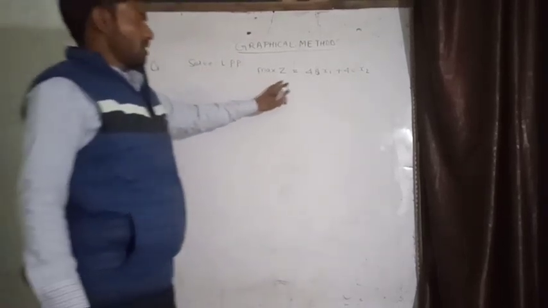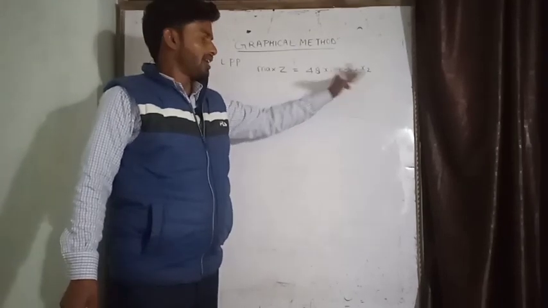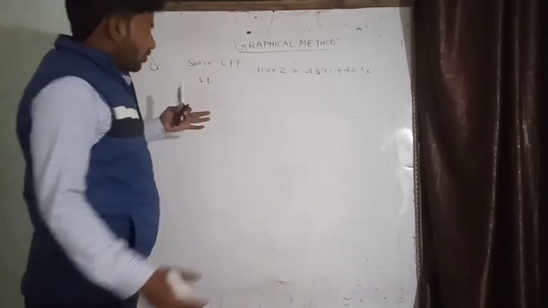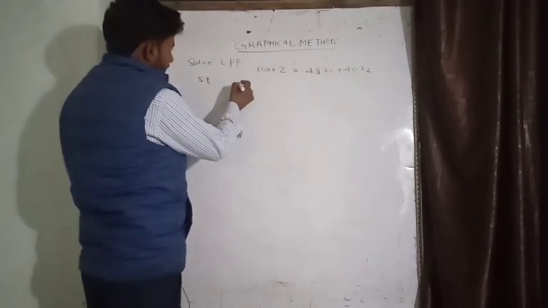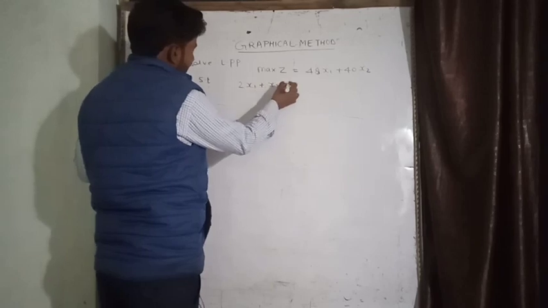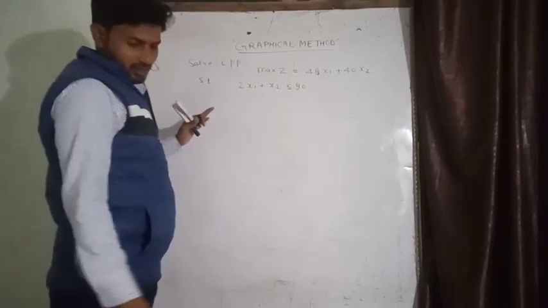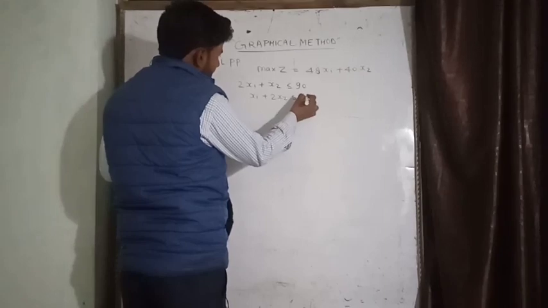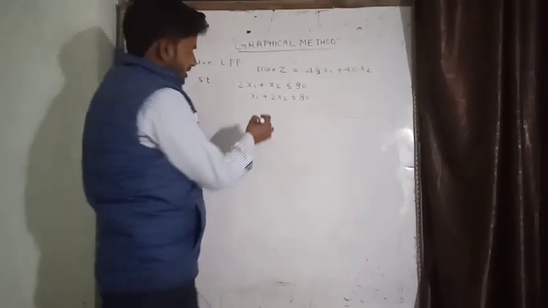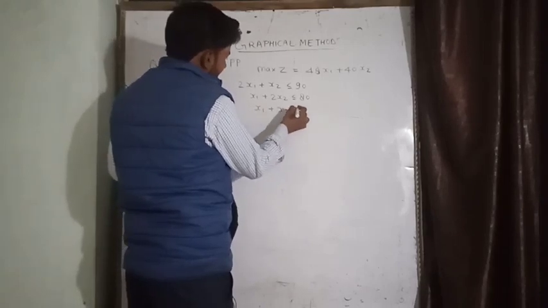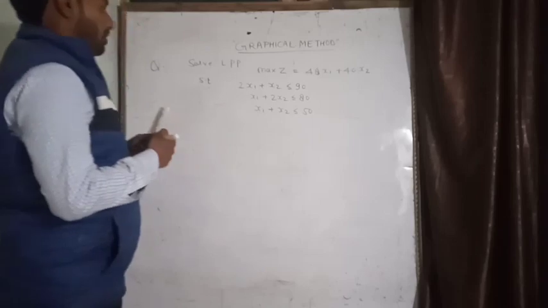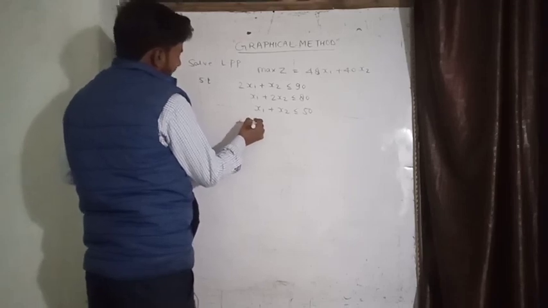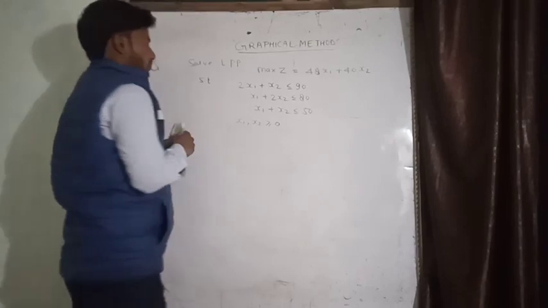Now such that there are constraints: 2x1 plus x2 is less than or equal to 90, next x1 plus 2x2 is less than or equal to 80, and third x1 plus x2 is less than or equal to 50, such that there are non-negative restrictions x1, x2 greater than or equal to 0.